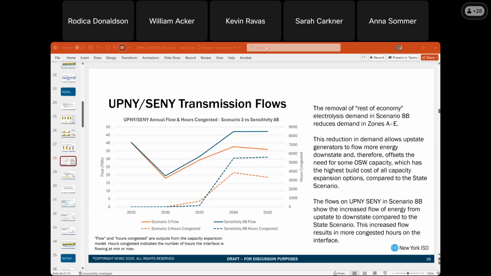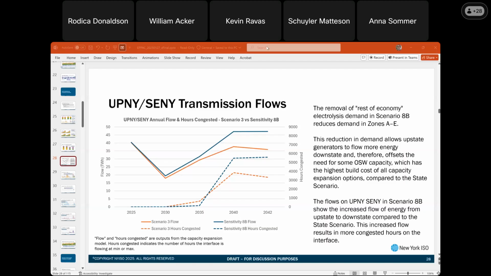Sure. Yeah, we can come back to a future EPAC meeting to discuss that type of information, but I agree that any information we have about congestion is very valuable in terms of identifying potential areas to focus on for bulk. The one downside is that this is a fairly high level capacity expansion model, so the hourly congestion is not necessarily the most, quote unquote, precise or accurate.